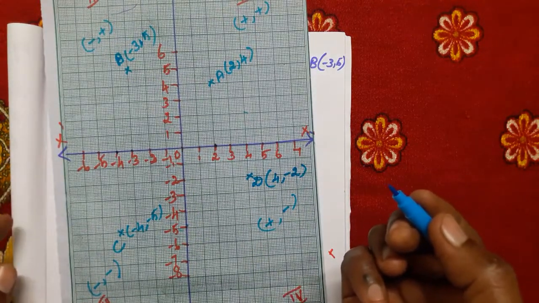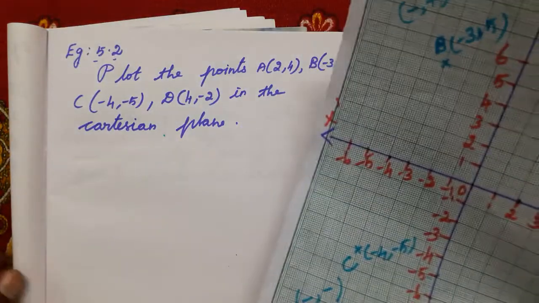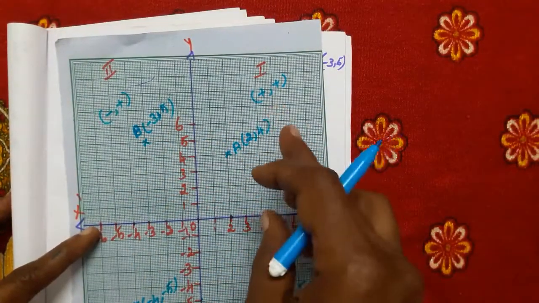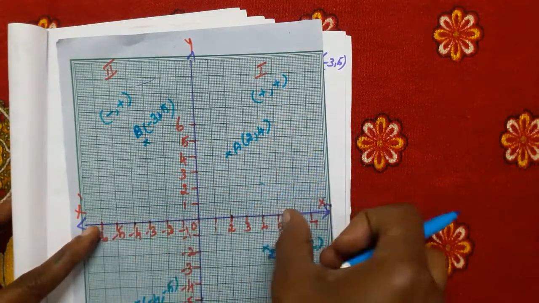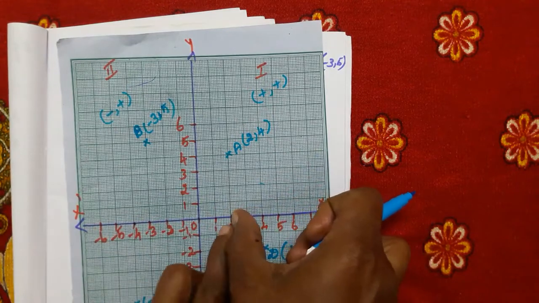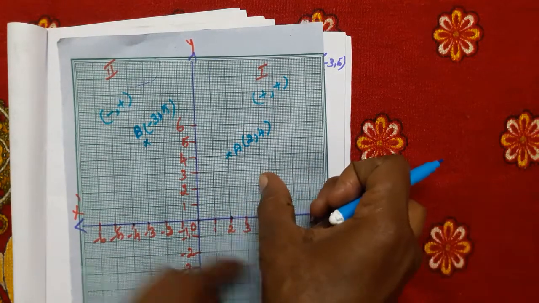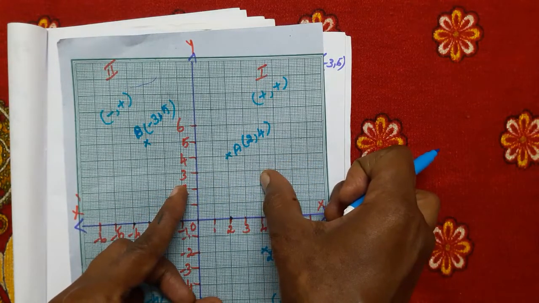Clear? Any doubt? Okay. We have plotted in the Cartesian plane. They asked us to plot the points, A (2, 4). Don't forget, first the x coordinate. Many of them plot (2, 4) like that here. It is wrong.